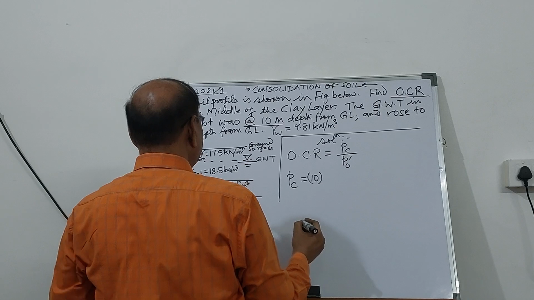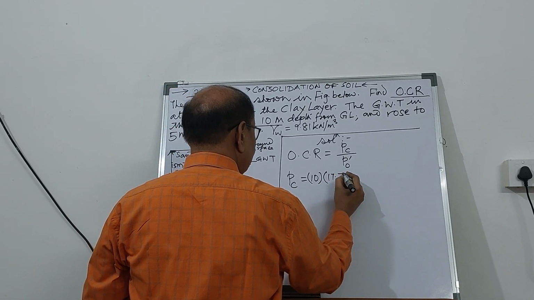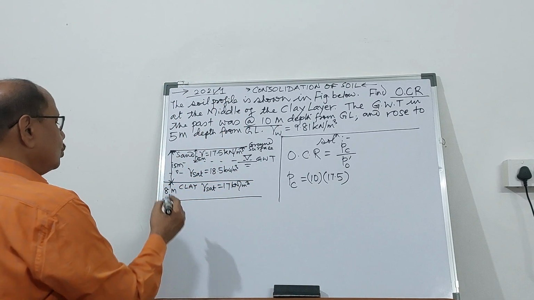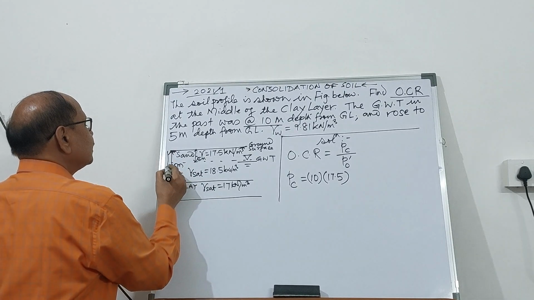Above the water table, the unit weight is 17.5 for the sandy layer.